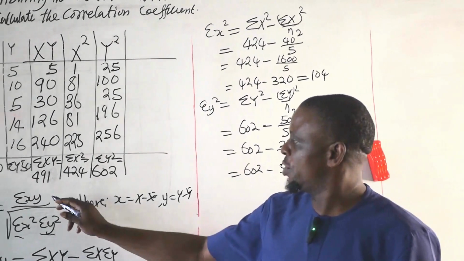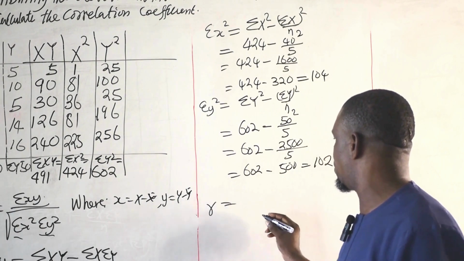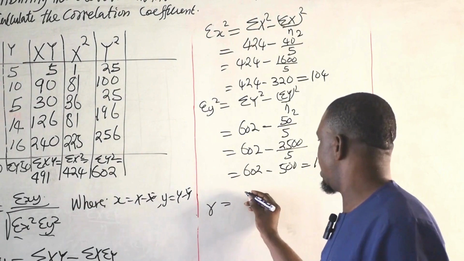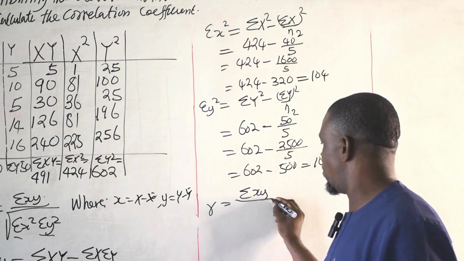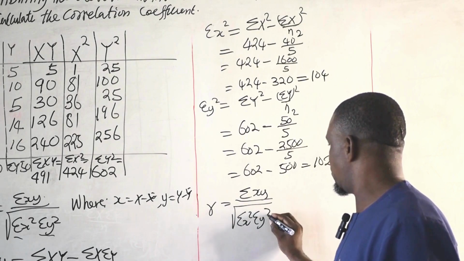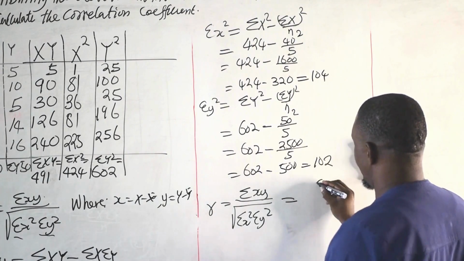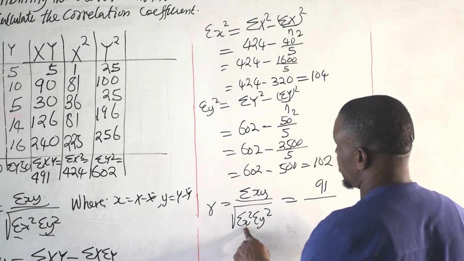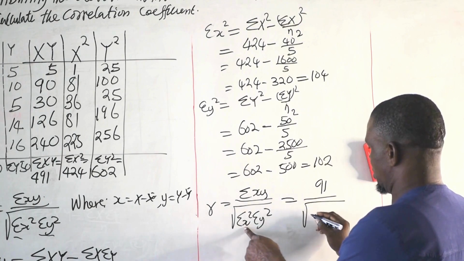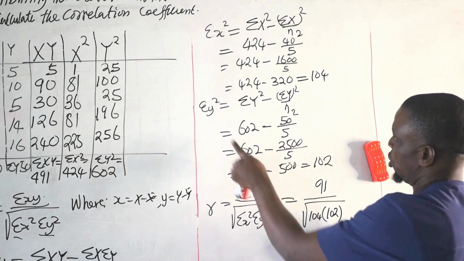So now we've gotten this component, we've gotten this, we've gotten this. So we'll just say that our r is equal to, by this formula, summation xy all over the square root of summation x square, summation y square, which will be equal to, now we have obtained for summation xy 91, and then for summation x square we got 104. So this will be the square root of 104 times 102, which is what we got here.